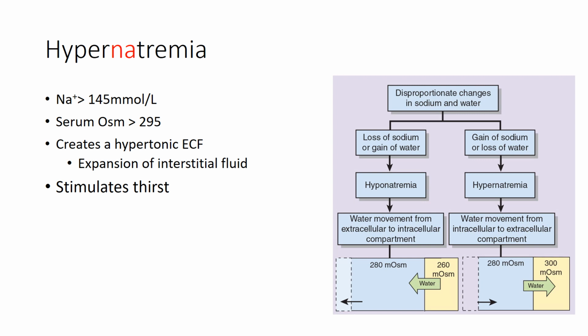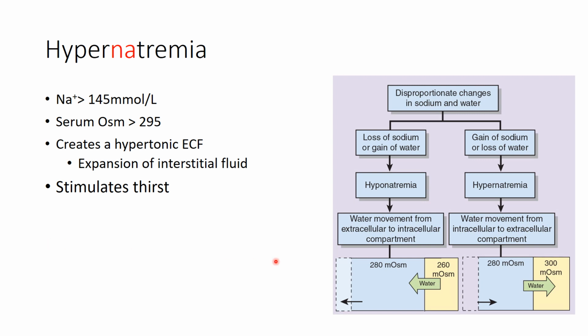By creating a hypernatremic solution, we're essentially creating a hypertonic extracellular fluid. Anytime we have a hypertonic solution, we are going to be stealing water from our cells. This is responsible for generating the thirst sensation.